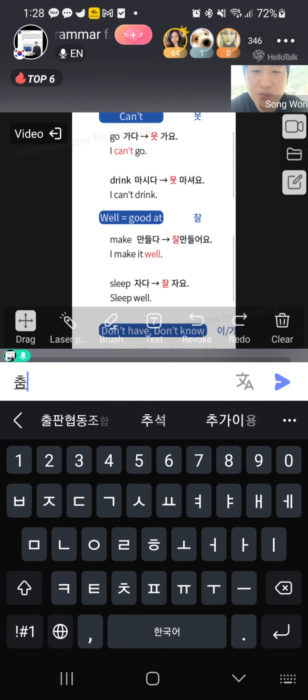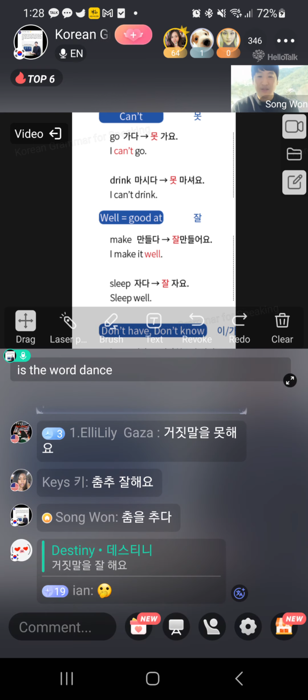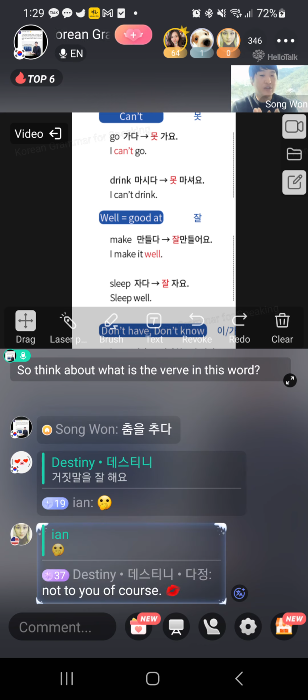Alright, let's check this out. 춤을 추다 is the word. Dance. So, think about what is the verb in this word. 추다, right? So where do you think you have to put 잘?